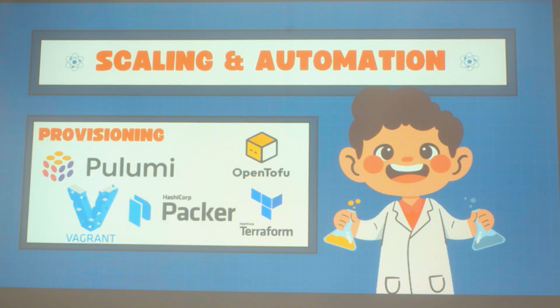There's Pulumi, which I've heard of but never used, and it's a direct competitor to Terraform. Then we have Terraform, which most people have heard of; there were some licensing issues with the community, and OpenTofu was created. OpenTofu is basically the same thing as Terraform. And then you have Packer and Vagrant.